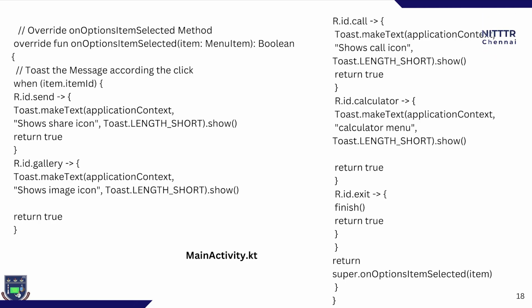Then R.id.call, which shows the call icon. Then we have calculator, which shows the calculator menu. Then we have exit, which calls the finish method to close the activity. Then default handling: if no matches are found, it calls the parent implementation.